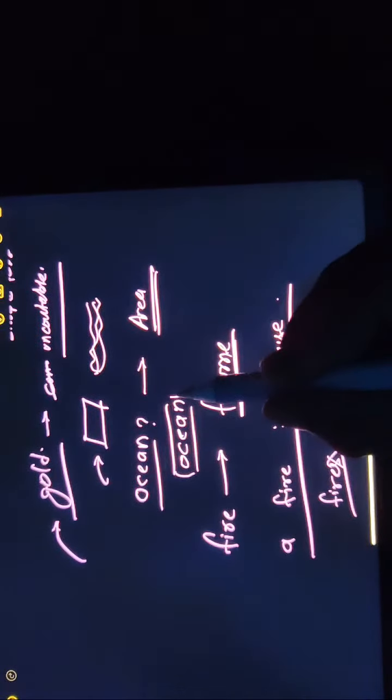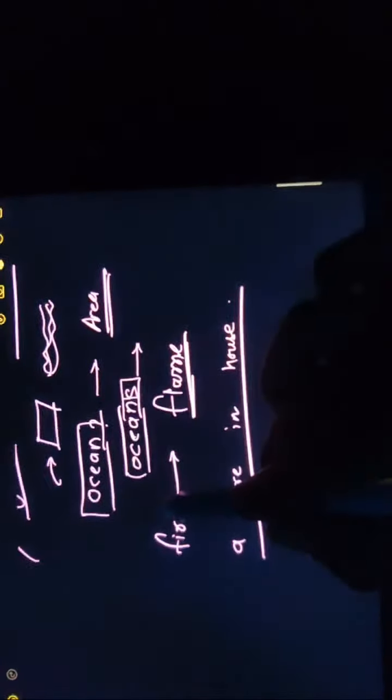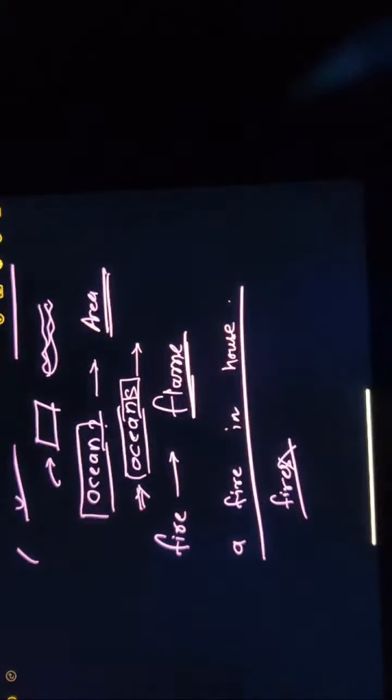But ocean alone is a water body, and it's referring to one area. If we combine more than one ocean, then it could be oceans. So in that case, it could be countable, and it could be plural too.